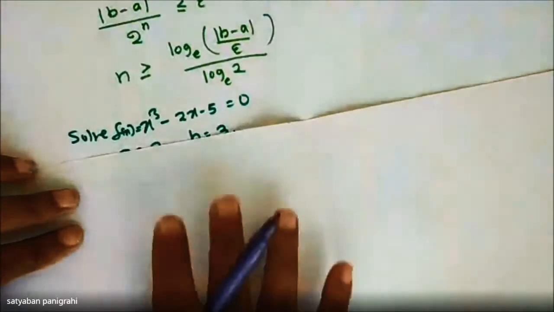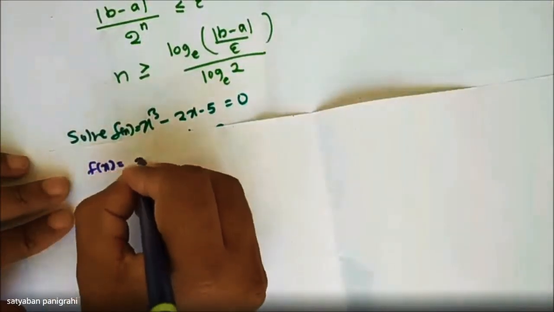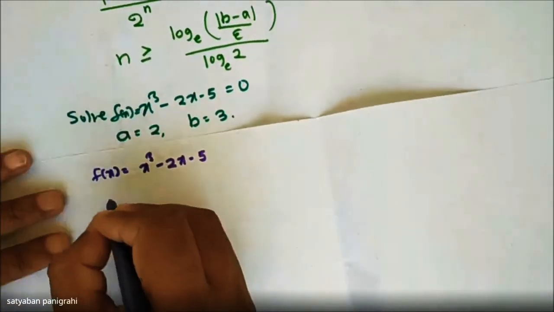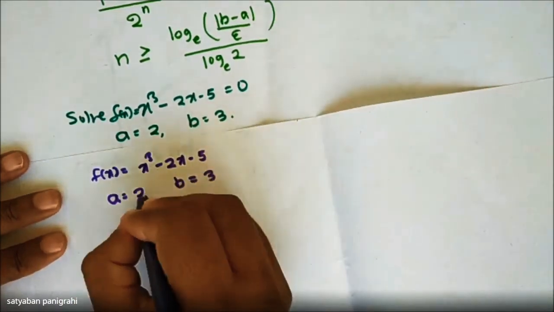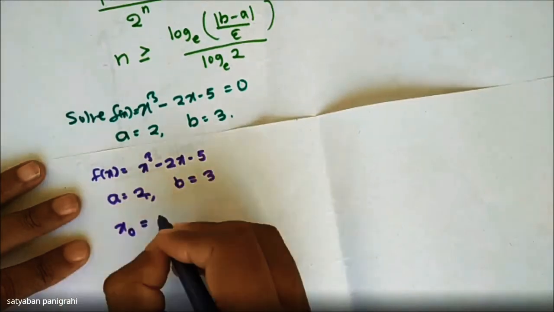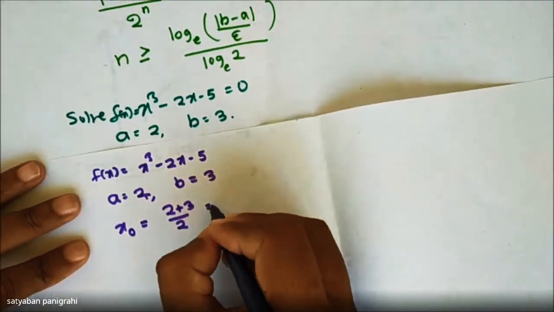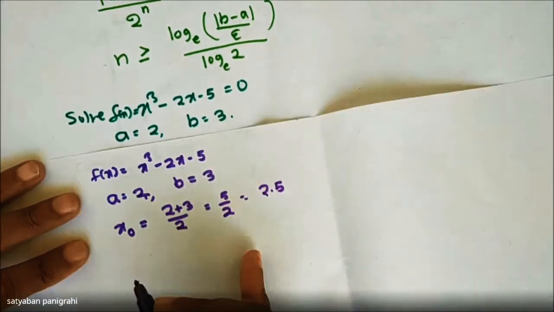I have to solve for f(x) equal to x cube minus 2x minus 5. I'm taking a equal to 2, b equal to 3. So simply, my x0 will be 2 plus 3 divided by 2, that is 5 by 2, that is 2.5.